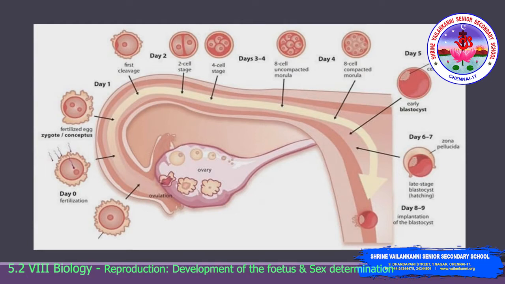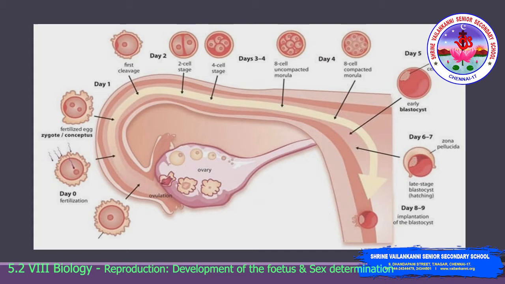So what happens is that the ovary releases the egg or the ovum into the fallopian tube, and if the ovum is fertilized by a sperm, the diploid zygote thus formed starts to divide and moves to the uterus. By the time the zygote reaches the uterus, it reaches the morula stage, which undergoes repeated division to form the blastocyst.